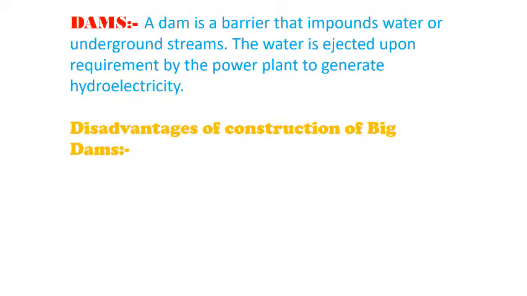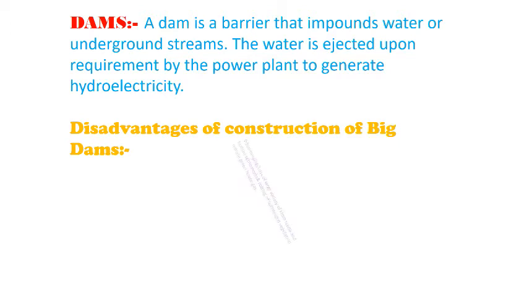Now, the disadvantages of construction of big dams. So one can say for this hydropower plant, we need one dam. Now, when we construct this type of dam, some disadvantages come into play. What are the disadvantages? Let's proceed.